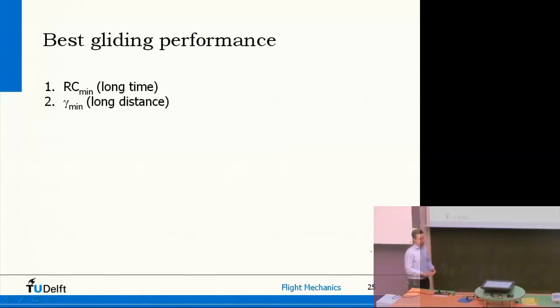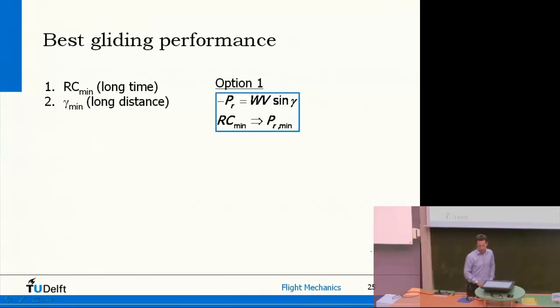You can try to minimize rate of climb, and you can try to minimize the angle at which you go down. Now the first option, we have this equation which says minus power required is weight times V sine of gamma. Now the sine component of the airspeed is the rate of climb. So in order to go down as slowly as you can, you have to fly in the minimum power condition.